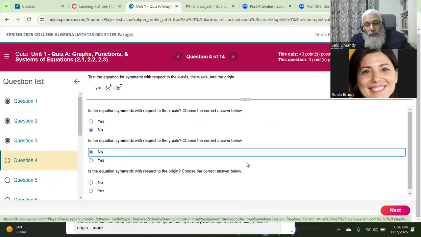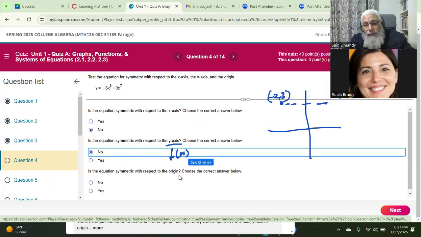What about symmetry to the y-axis? This is the y-axis. This point, let's say 2, 3. The image point will be at negative 2 and 3, correct? So f of x is equal to f of negative x. This is the test for symmetry to the y-axis. So we need to make this test.